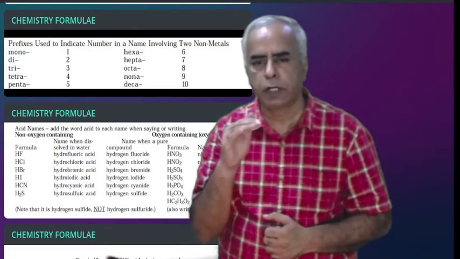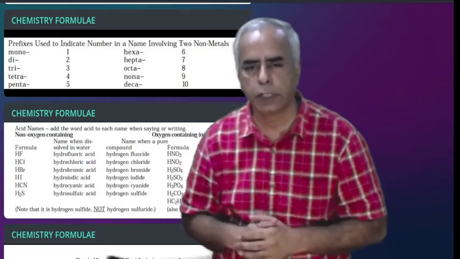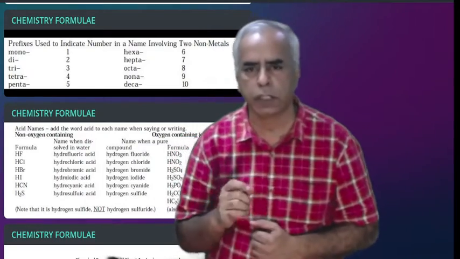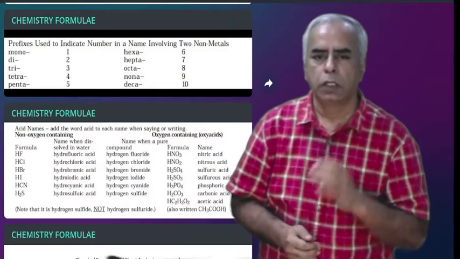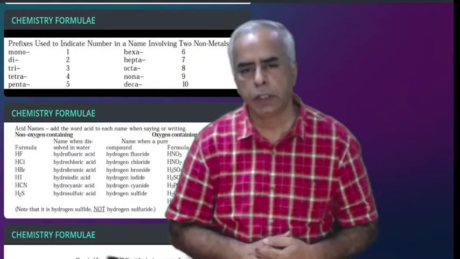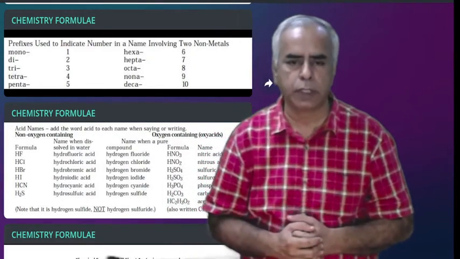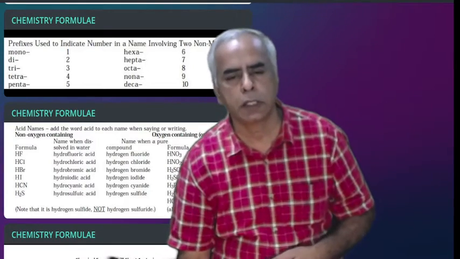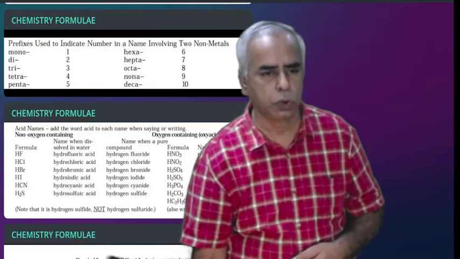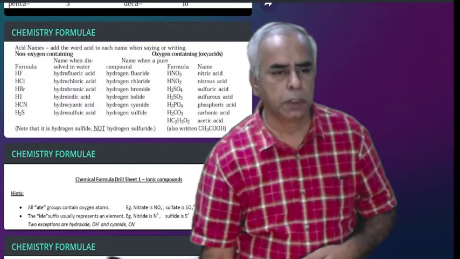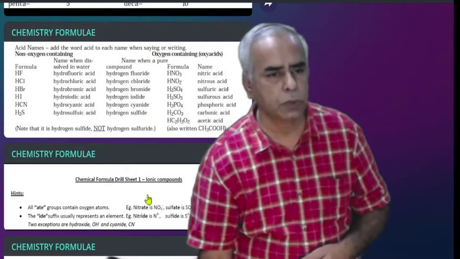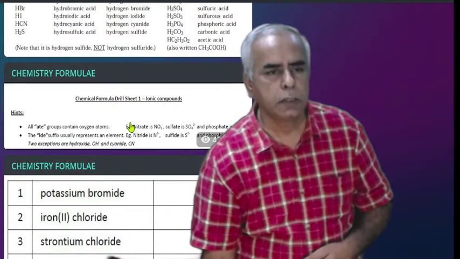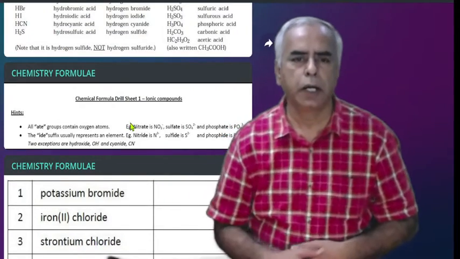But you have to be consistent in one type of spelling only. Either you must use ph or f. Then sulfurous acid, H2SO3. H2CO3, carbonic acid. Acetic acid, CH3COOH, which can also be written as HC2H3O2. So these are the essential acids. Now let us work out some ionic compounds.